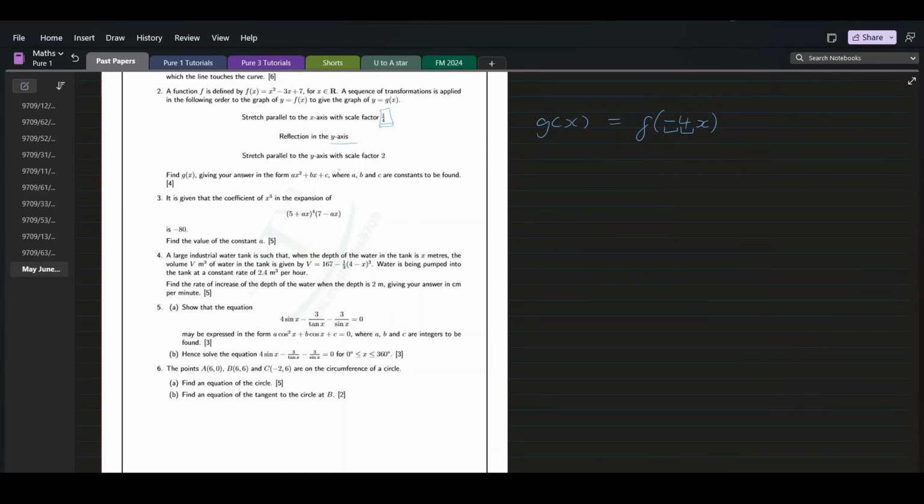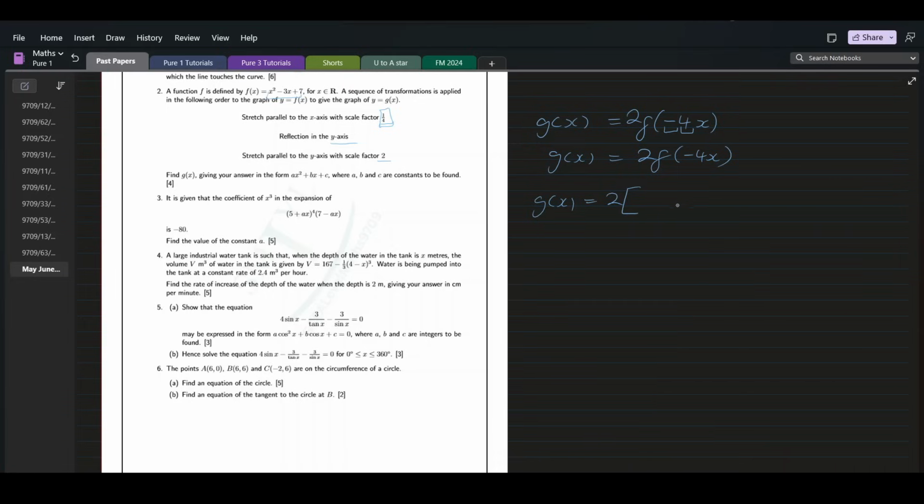And then finally, we have a stretch parallel to the y-axis with a scale factor of 2. So that's going to multiply over there. So that's g of x is equal to 2f of negative 4x. Okay? And now let's substitute in f of x. So we can write this as g of x is equal to 2.